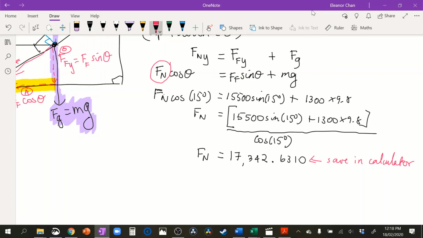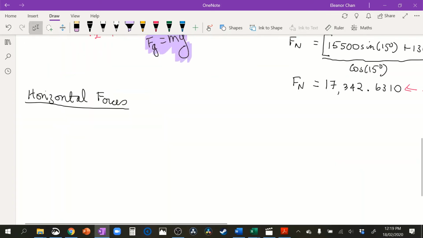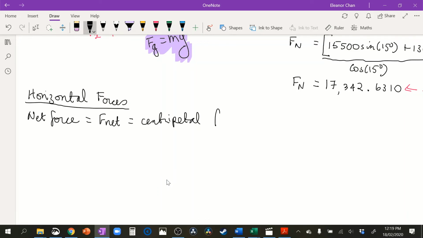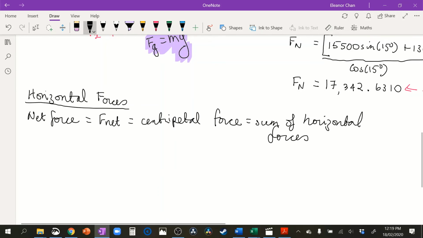Okay, so now we're going to look at the horizontal forces. With horizontal forces, the net force, so F net, the centripetal force, is equal to the sum of horizontal forces. So that's how that works.